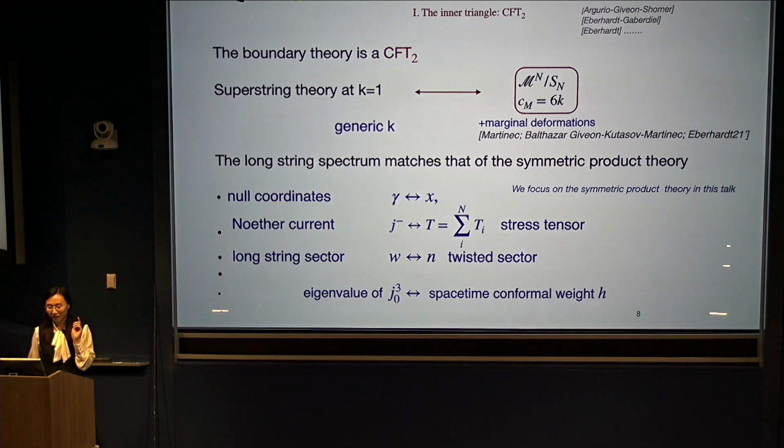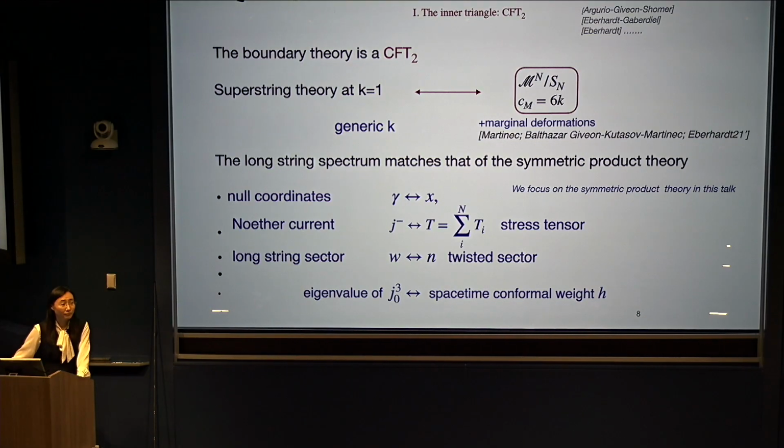I will focus on the long string sector at generic k because I'm just doing the bosonic part. But the most precise duality should really be done in the case of k equals 1, where you need to really look at the details of the theories on both sides.